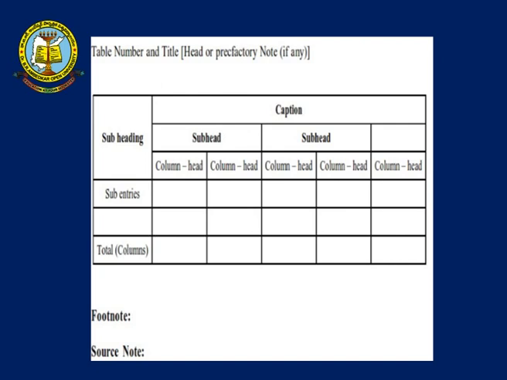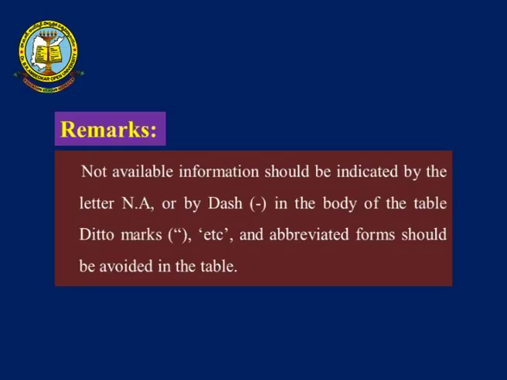Footnote, table number and title are mandatory. It will give the table a good feature. If you write the appropriate number, it shows a lot of information. Now, we can use some remarks while preparing the table. If the information is not available, it should be identified by the letters NA or by a dash in the body of the table, ditto marks, etc. Abbreviated forms should be avoided in the table.